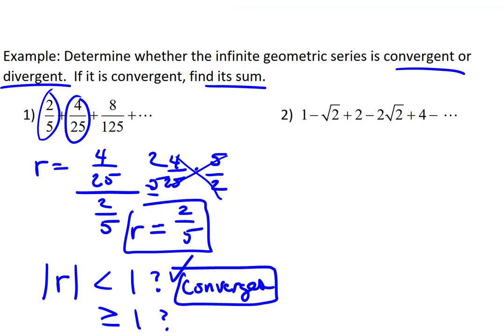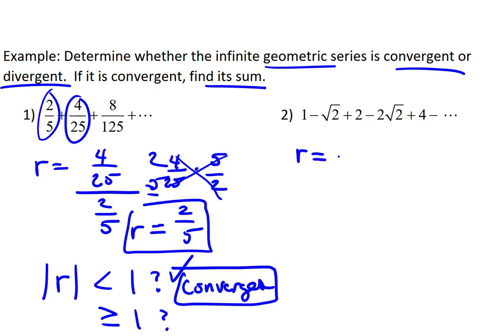Let's take a look at a second example. This series reads 1 minus square root of 2 plus 2 minus 2 square root of 2 plus 4 minus ... Okay, so clearly it's an infinite series given the dots at the end. And now we're told that this is a geometric series. We're testing simply whether it's convergent or divergent, which means we have to find the r value, the common ratio.